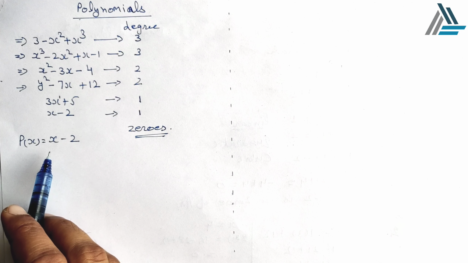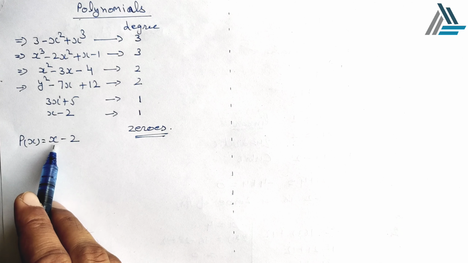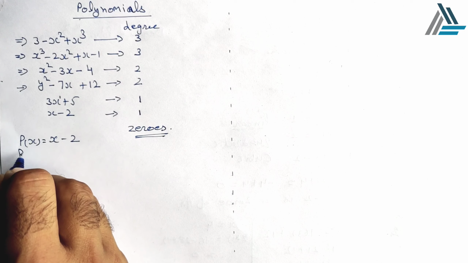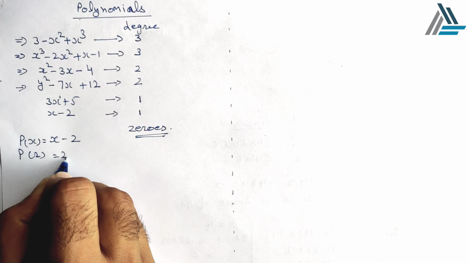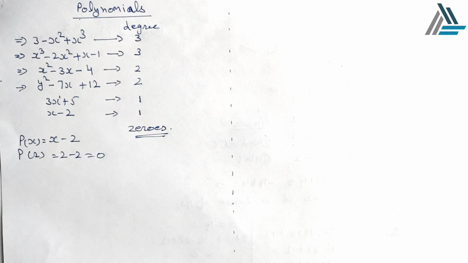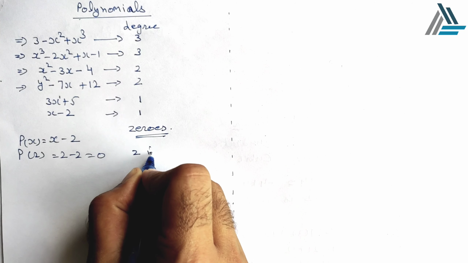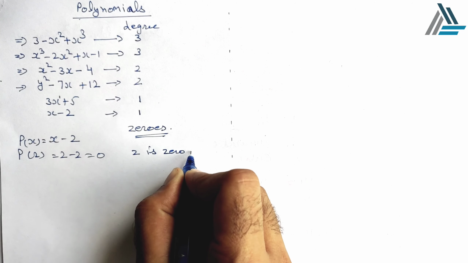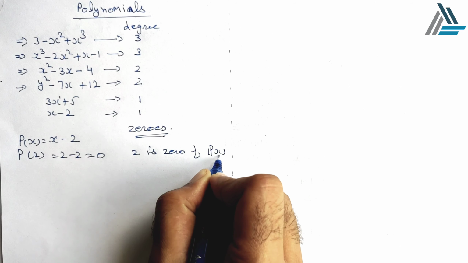If we put the value of x as 2 in this polynomial, then its value is 0. If we put 2, it becomes 2 minus 2 which is equal to 0. Then 2 is the zero of polynomial p(x).